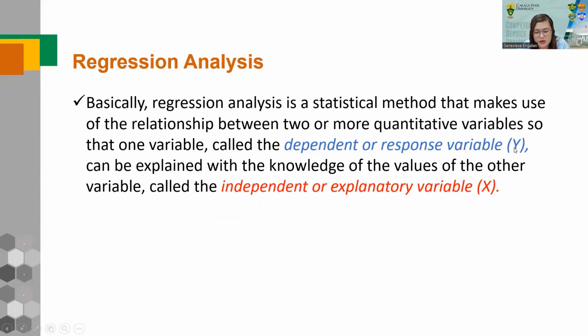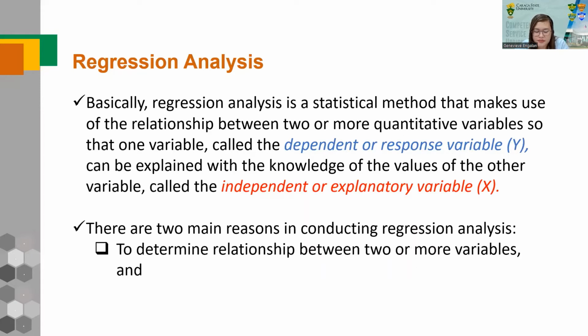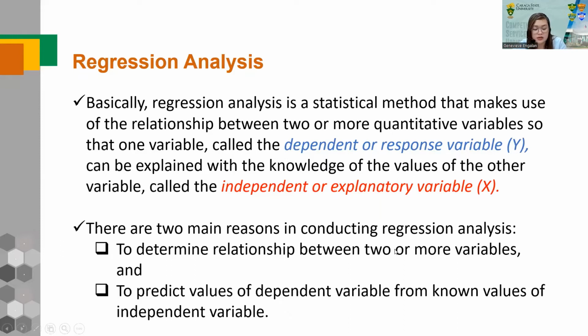So dependent ang y, ang independent is ang x. So there are two main reasons in conducting regression analysis. First is to determine relationship between two or more variables, and then to predict values of the dependent variable from known values of the independent variable.